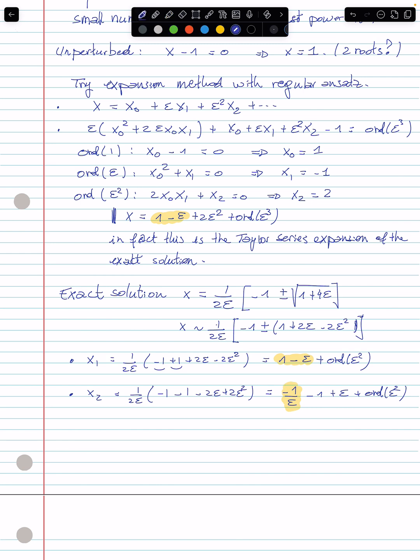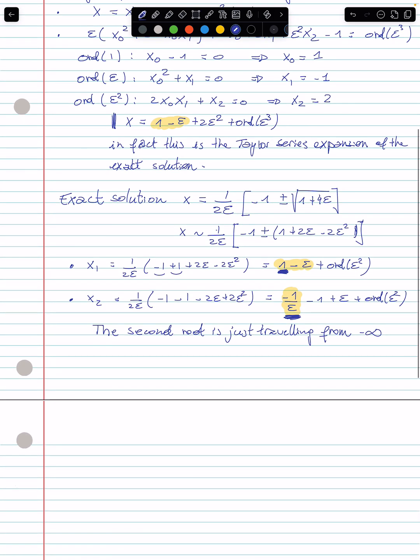So where does the other root come from? We have one root in the neighborhood of 1, and the second root comes from minus infinity. The second root is just traveling from minus infinity as epsilon grows from 0 to small values.